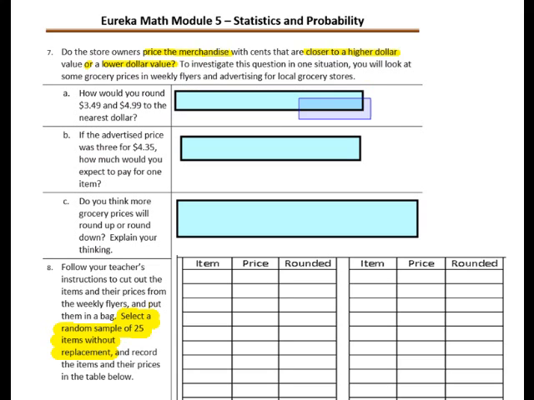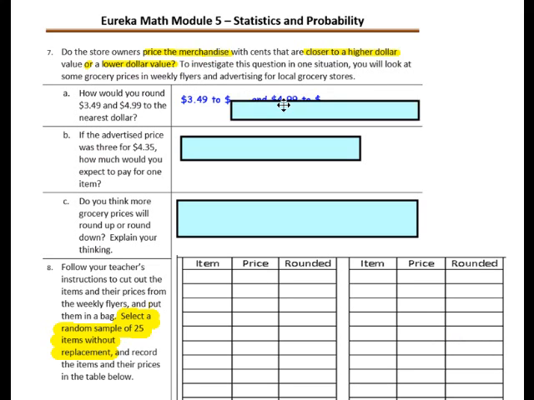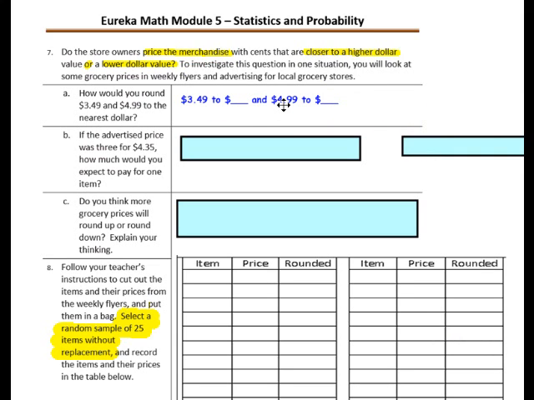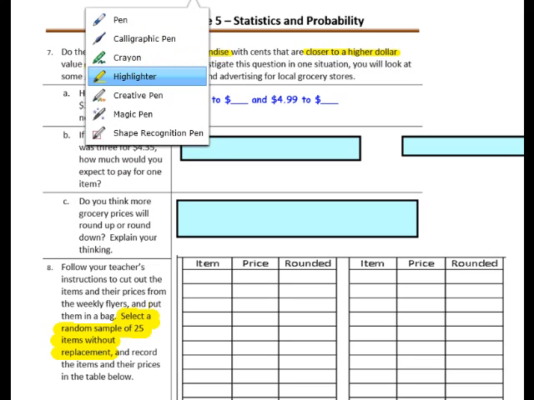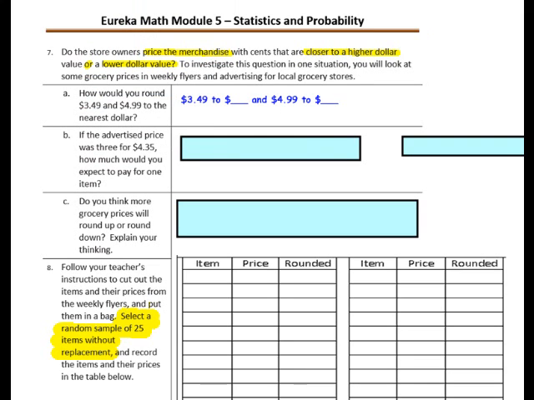When you're doing the rounding, you want to determine if the cents are enough to round up to the next dollar or down to the lower dollar. So $3.49, is it closer to $3 or is it closer to $4? $3.50 would be in the middle, and we have less than that. So if you have less than half, you round down.